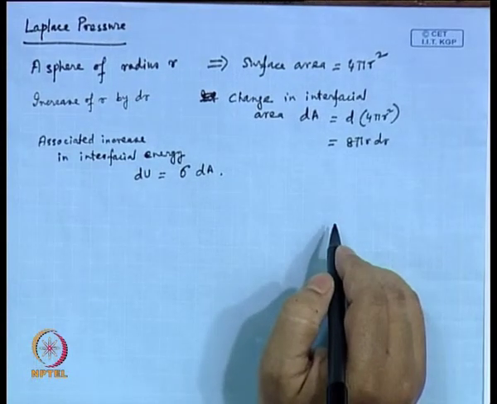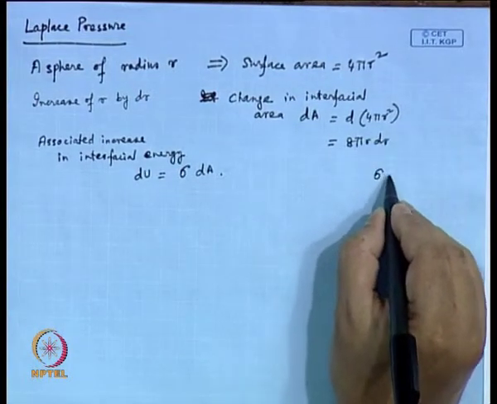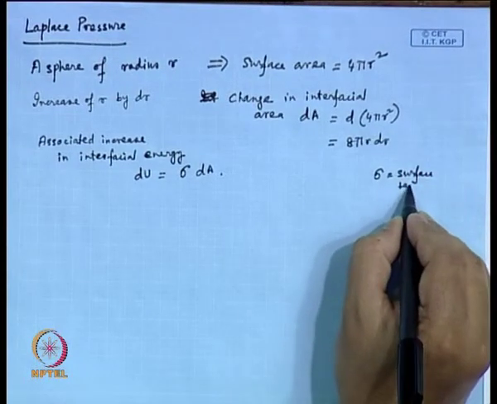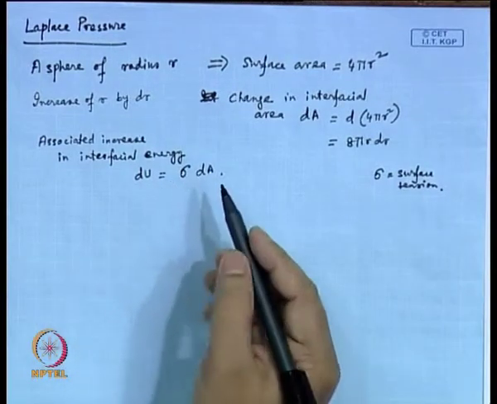What is sigma? Sigma is the surface tension. So what does this term mean? dU is equal to sigma dA.